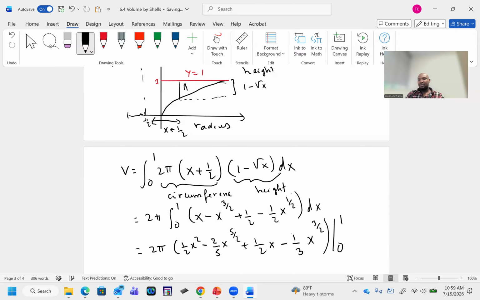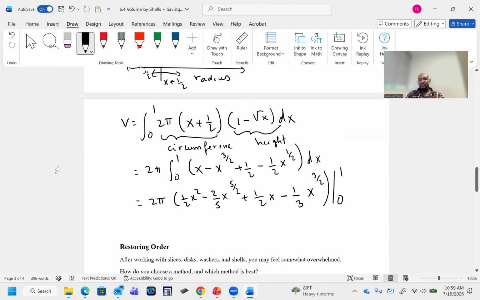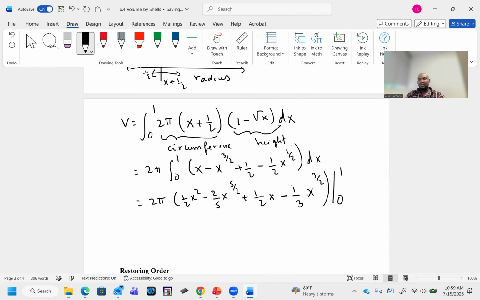So if I substitute 1 and use your calculator, pause the video, use your calculator, then the volume will be 8 pi divided by 15.